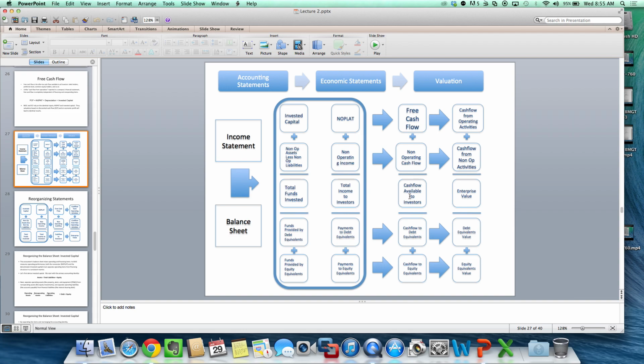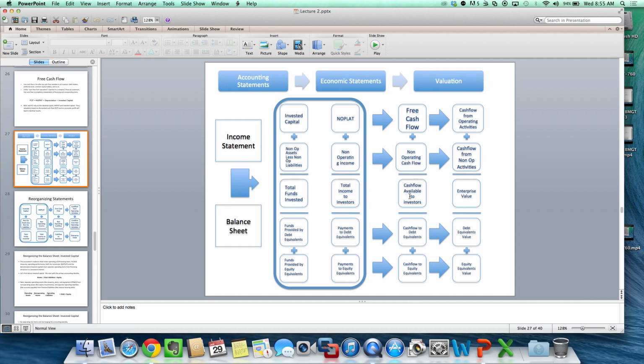Tricky part: the cash flow on the income statement is technically not a cash flow to the shareholder because we don't always pay out the net income. So one of the tricky parts we'll get into a little bit later is that the cash flow from the income statement to the shareholders is actually the dividends paid minus the change in equity investments on the balance sheet. And that's going to get us the equity cash flows.